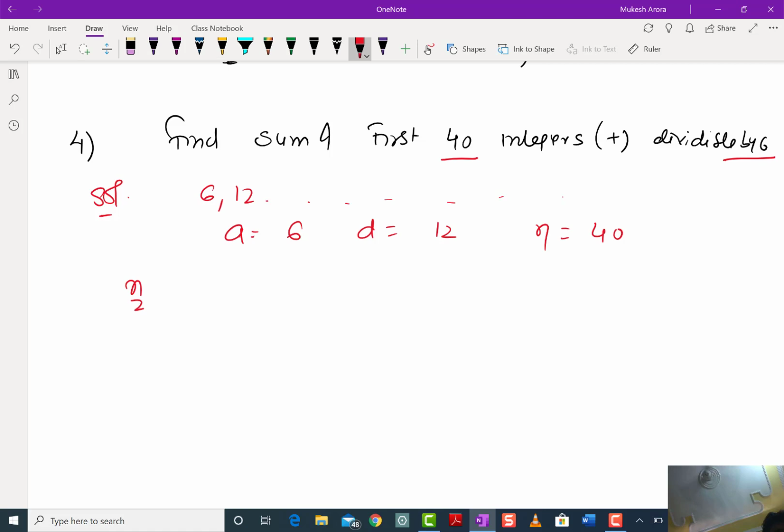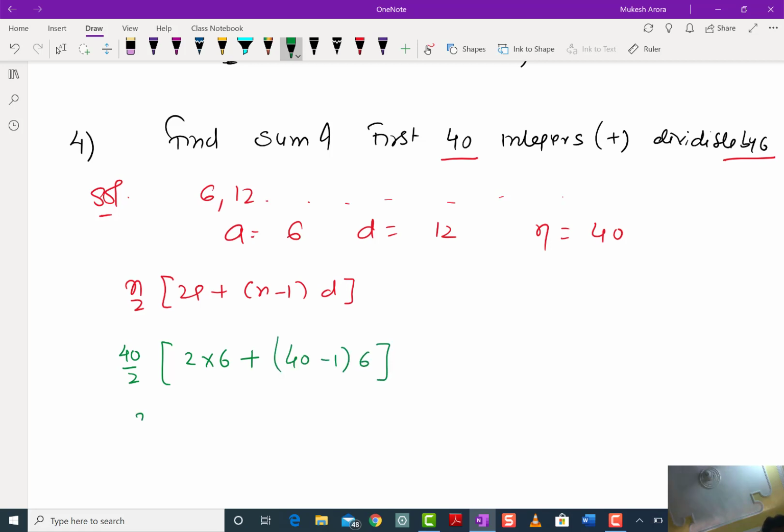So n by 2 into 2a plus n minus 1 d. So n is 40 by 2 into 2 into 6 plus 40 minus 1 into 6, 20 into 12 plus 39 into 6, 20 into 41 into 6.